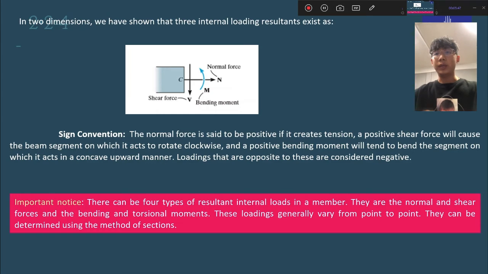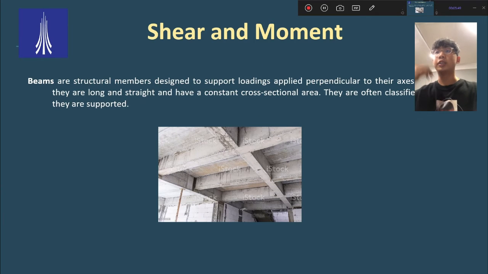Moving on to the next point, which is shear and moment. Before talking about shear and moment, we are first going to look at what beams are. Beams are defined as structural members designed to support loadings applied perpendicular to their axes. In general, they are long and straight and have a constant cross-sectional area. They are often classified by how they are supported.